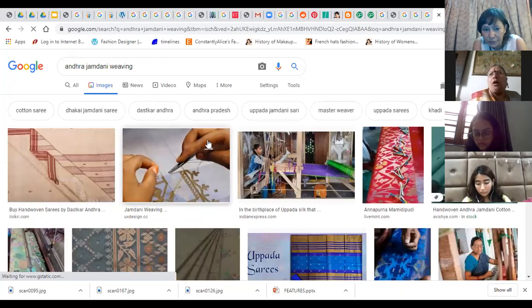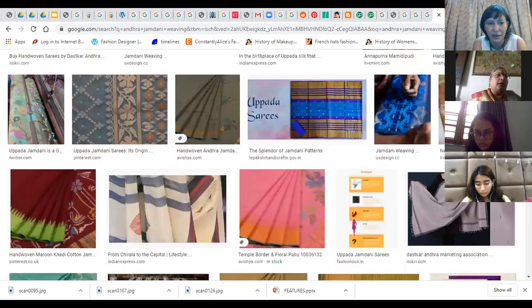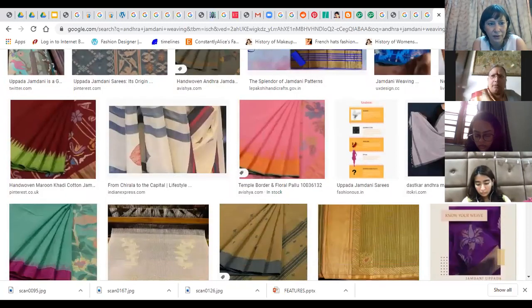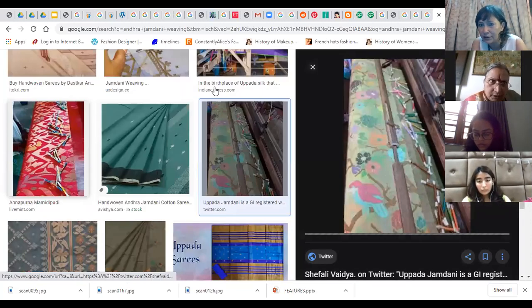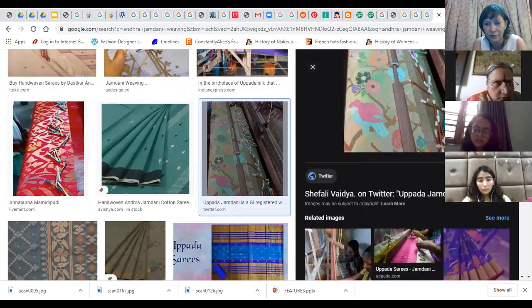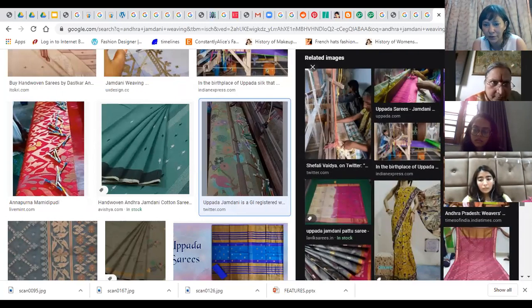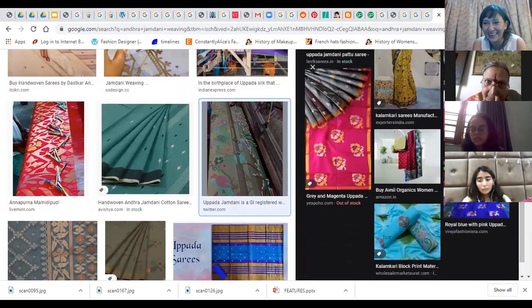So it will cost you somewhere from 7,000 onwards to maybe 25,000. But a lot of designs are possible with the Andhra Jamdani. None of these are Andhra Jamdanis. See, this is why I keep saying Google lies.